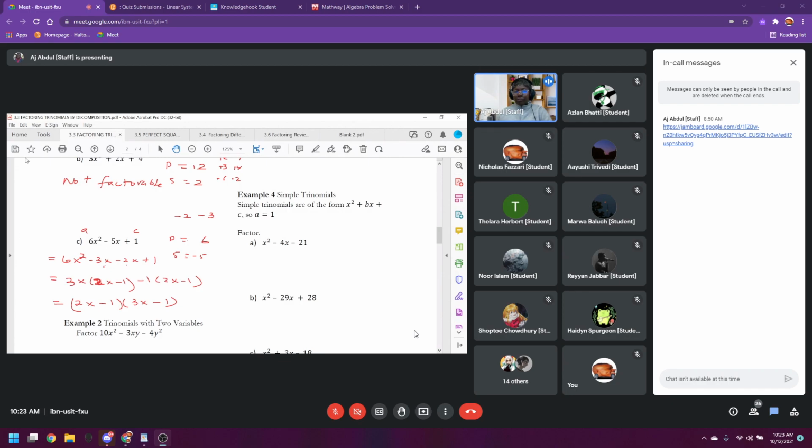I'm looking for factors of 6 because my A is 6 and my C is 1. So A times C will give me 6 times 1, which is equal to 6. Oh, okay, I see. Thank you. And then I broke those into 2 because I want -5. And then I group factored it.